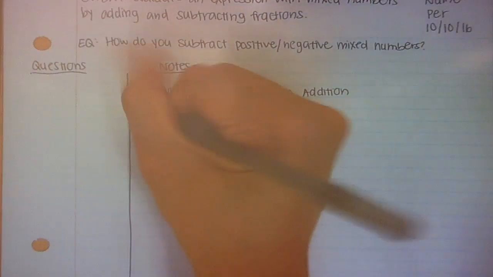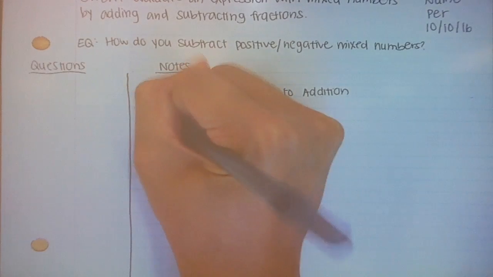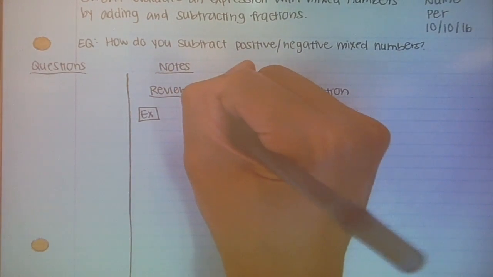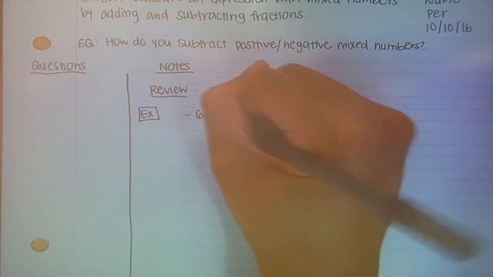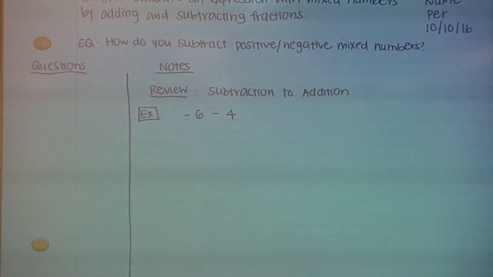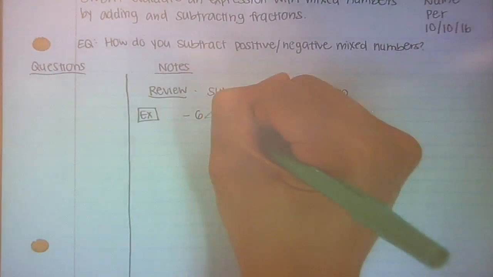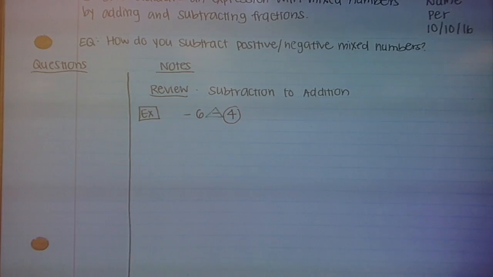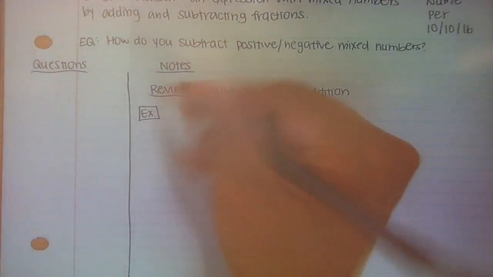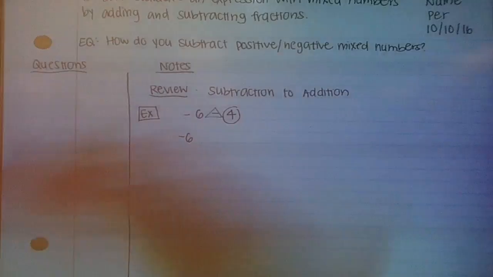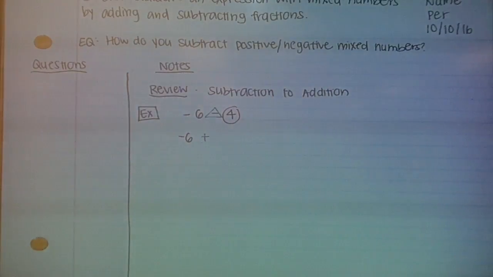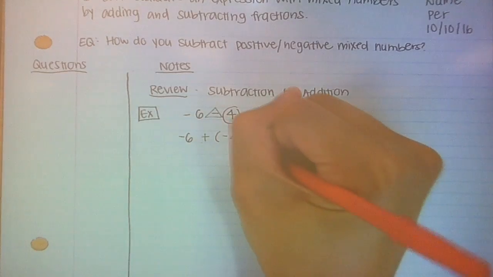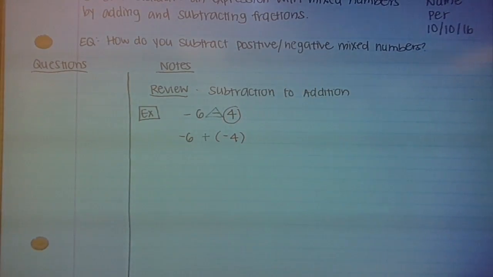So for example, if we have negative 6 minus 4, we would change the subtraction to addition and take the opposite of the second number. So we would write negative 6 plus, this positive 4 becomes a negative 4. So we have negative 6 plus negative 4.